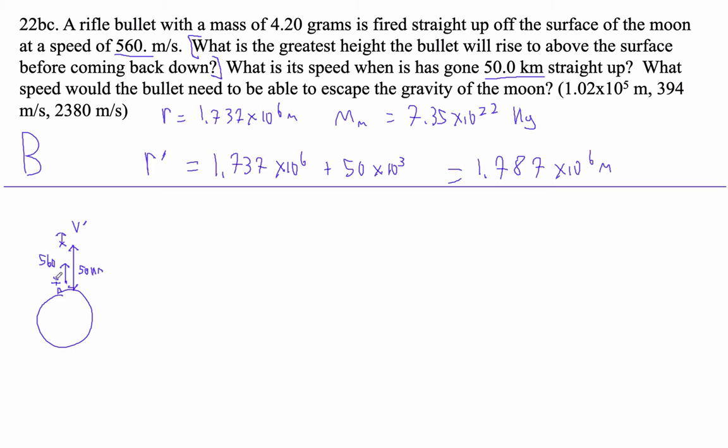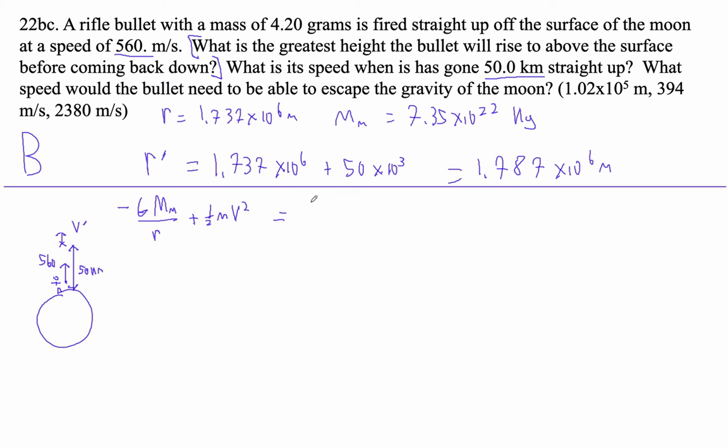So I'm going to say kinetic plus potential here is kinetic plus potential there. Let's do that. So it's going to be minus G, mass of the moon, mass of the bullet, over r, which is the radius of the moon, plus 1/2 little mass times 560, that velocity squared.